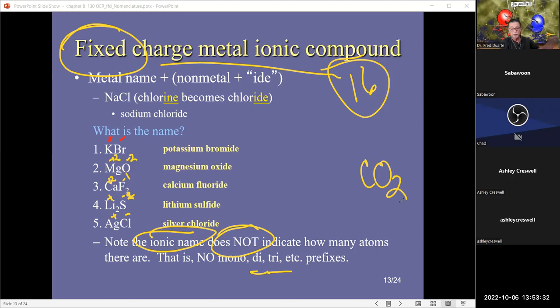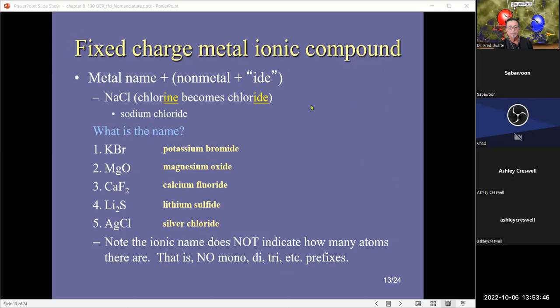Ionic compounds, no prefixes. Covalent compounds, yes, prefixes. Okay. So that means that number 4 would not be dilithium sulfide.